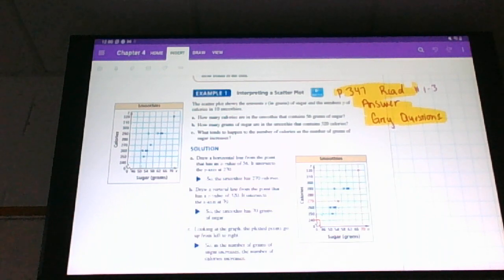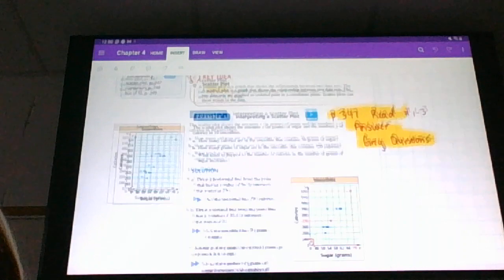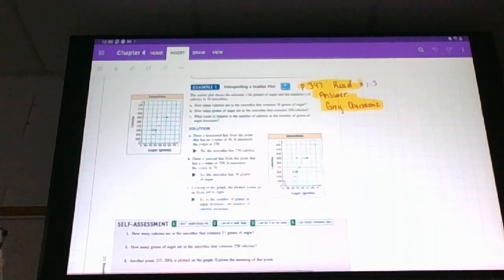So the idea here is pretty much in every form of our human science, you collect data. And the better we all are, even if we're not scientists, at reading and understanding that data, the more informed we are as citizens. So y'all, you're going to go ahead and read this and try to answer 1 through 3 in this gray box right below it.